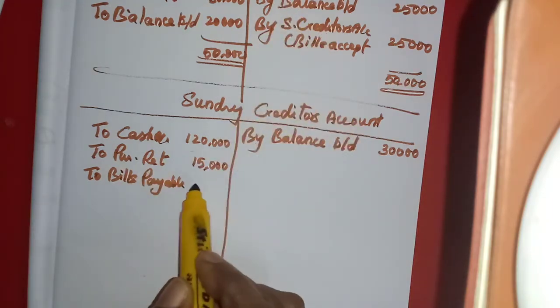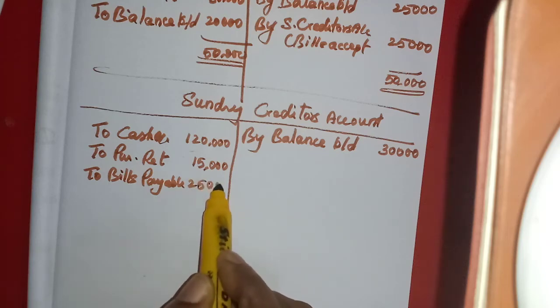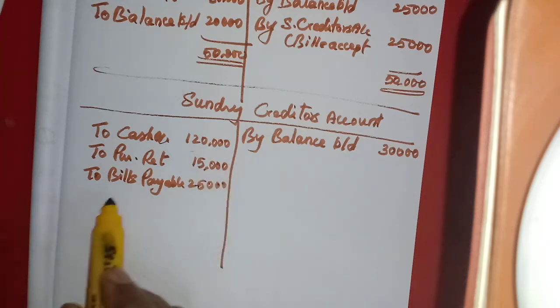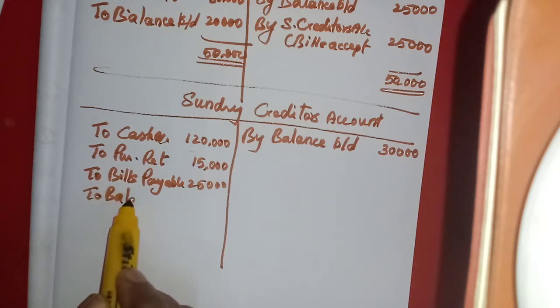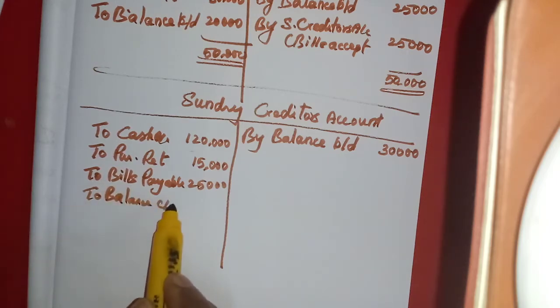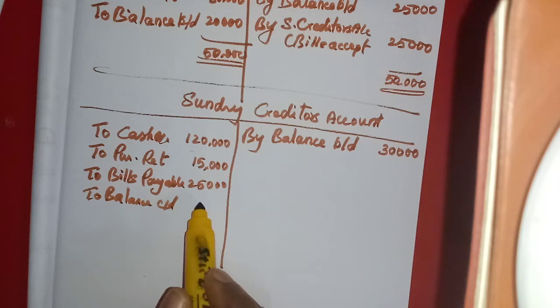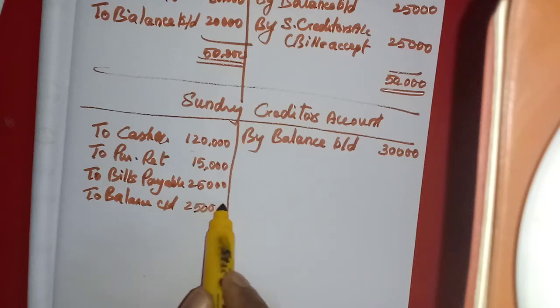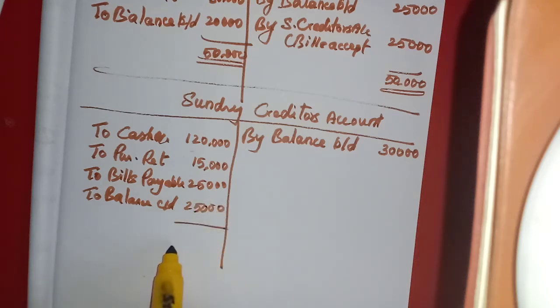Okay, 25,000. Now closing creditors, to balance carried down, creditors 25,000. Total, and we will find out the balance, credit purchases.